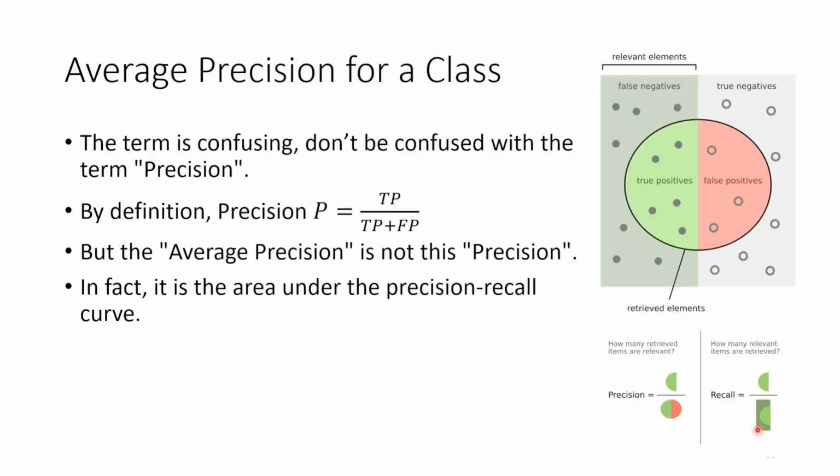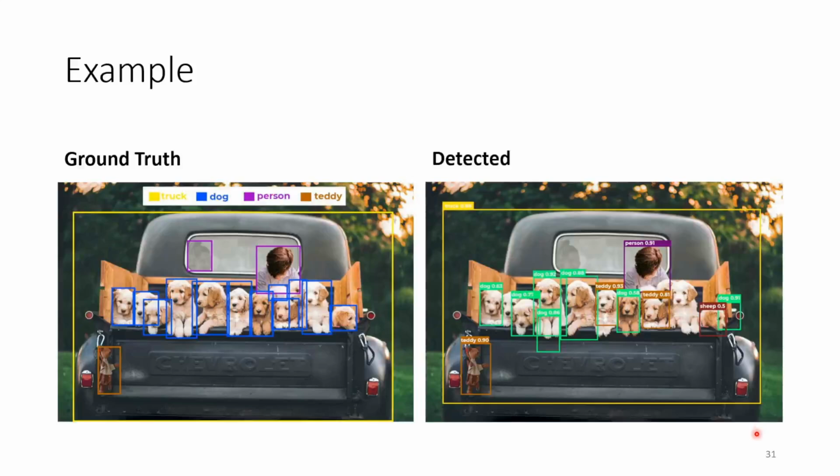And what is the mean average precision? Here, let me show you an example. Suppose this is the ground truth. There are 4 classes: truck, dog, person, and teddy. And suppose this is your detected result.